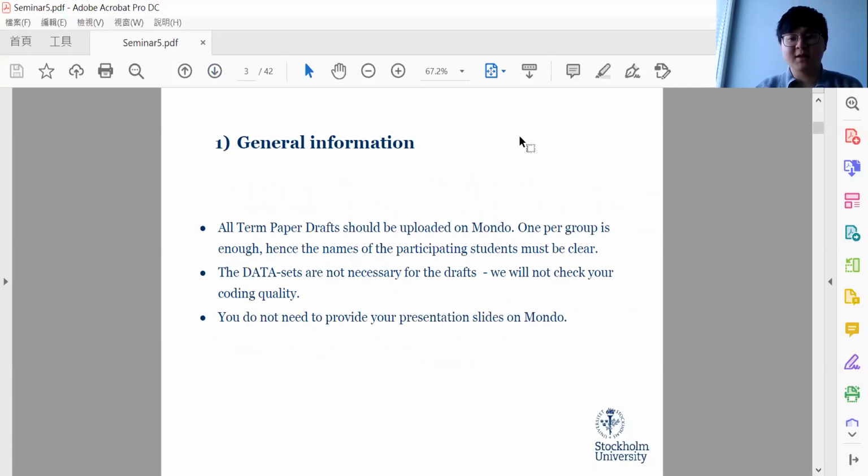So the first one is the general information about assignment 3. Basically, generally there are no really big problems in assignment 3. I think all of you did it quite well and gave the correct answer. But for the empirical exercise, some people were confused about how to calculate the standard errors.